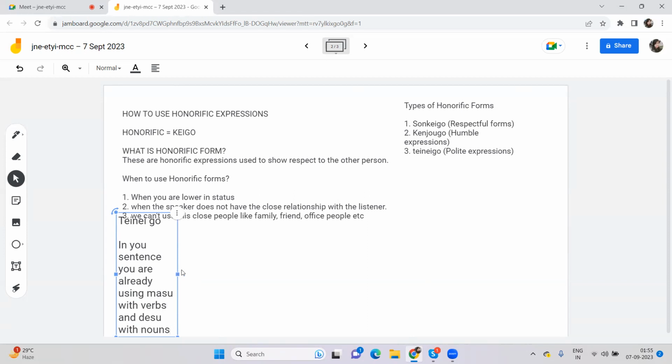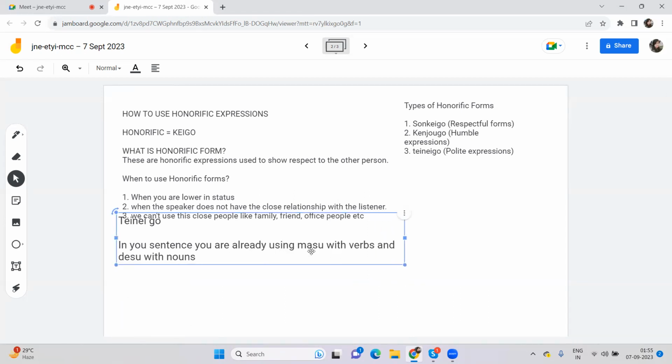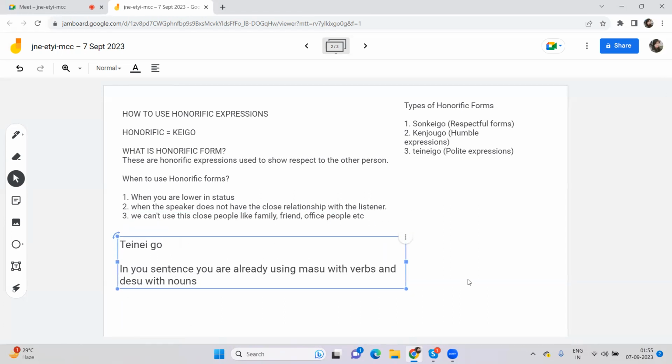Because you are using masu with verbs and desu with nouns, it can be considered Teineigo, because masu and desu are meant to put politeness in the line.